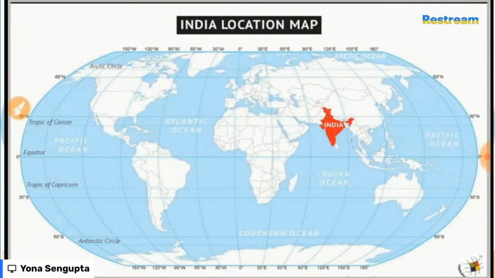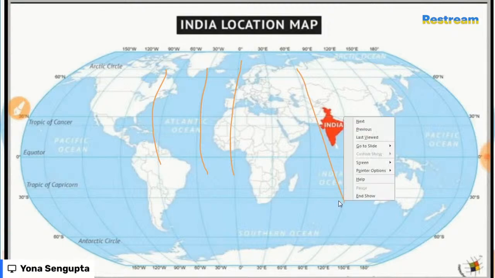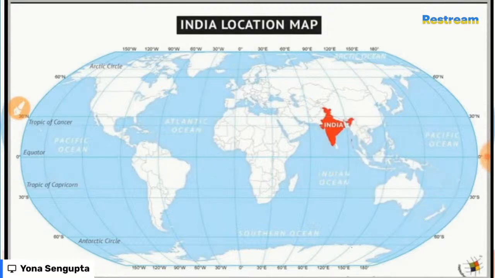And the longitudes are these, this 0 degree longitude, then this one, all are the longitudes. And the longitudes are 68 degrees 7 minutes east and 97 degrees 25 minutes east.